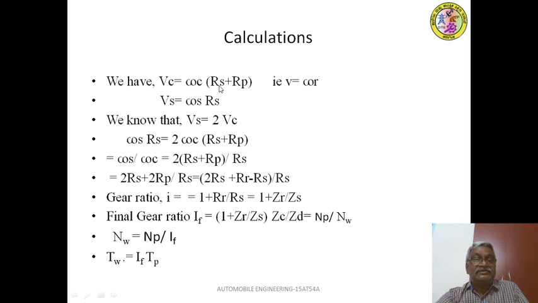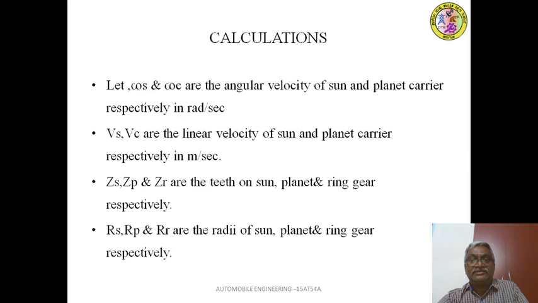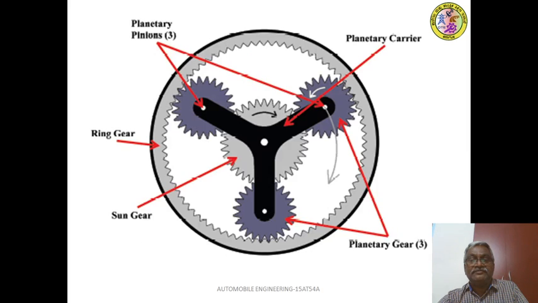This is the radius of the sun gear plus the radius of the planetary pinion. You can see in this diagram, from here to here, this is the radius of the sun gear. From here to here, this is the radius of the planetary pinion.